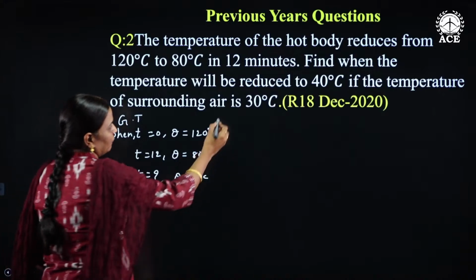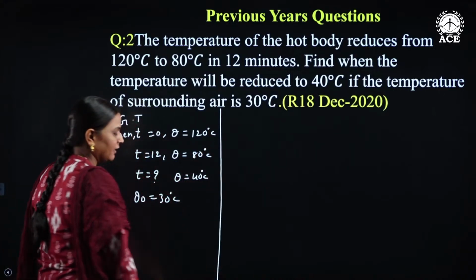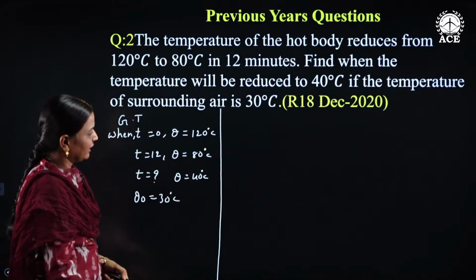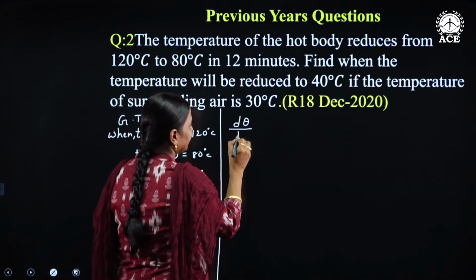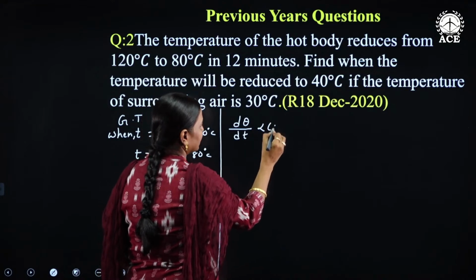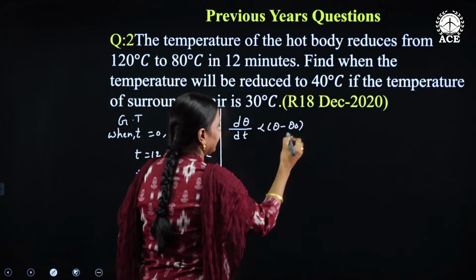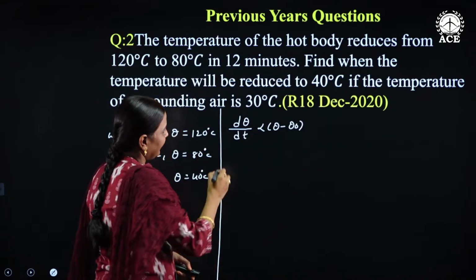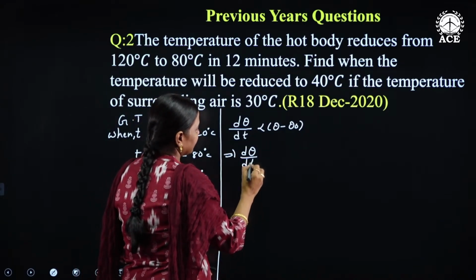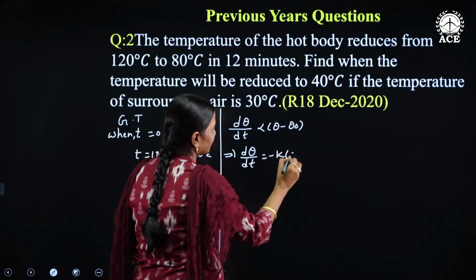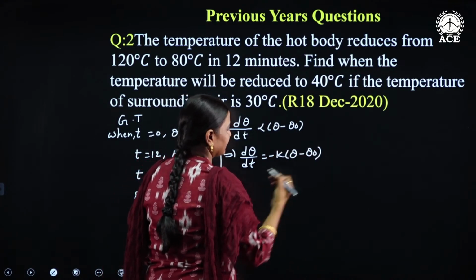So here, according to Newton's law of cooling, what is the statement? According to Newton's law of cooling, we have d theta by dt is proportional to theta minus theta naught. And how to write this differential equation? d theta by dt is equal to minus k into (theta minus theta naught).